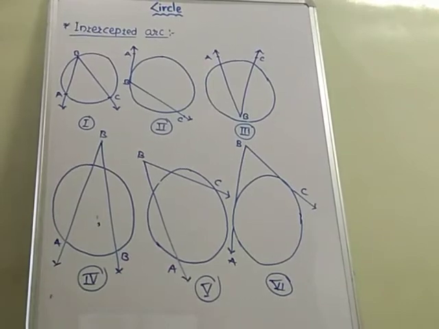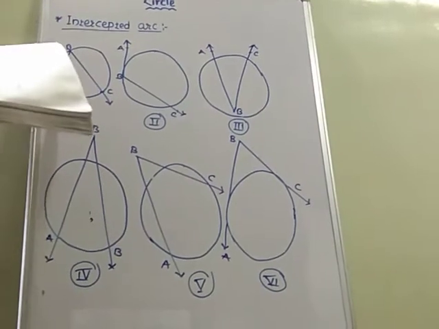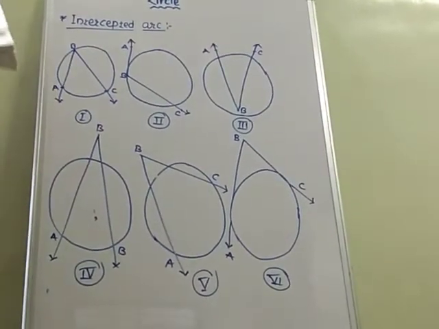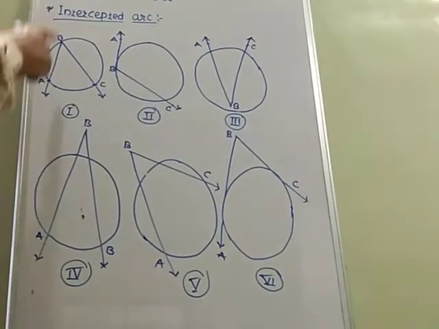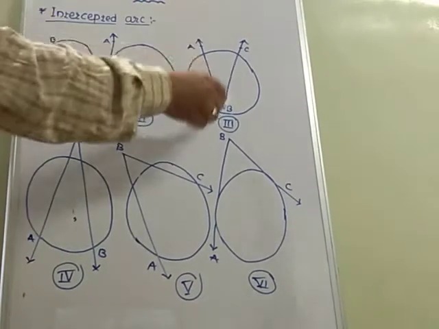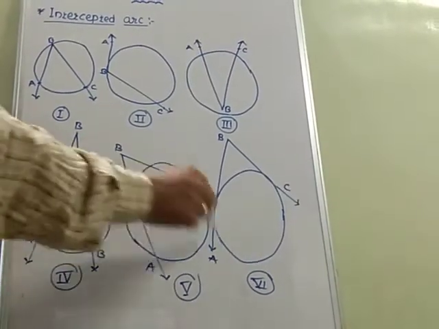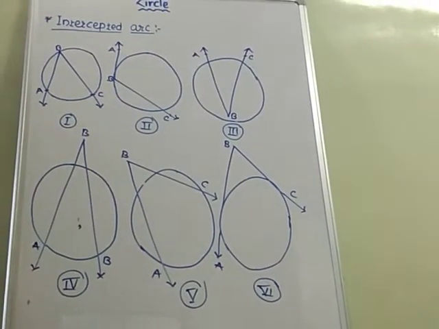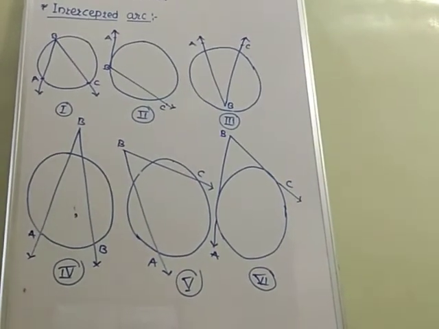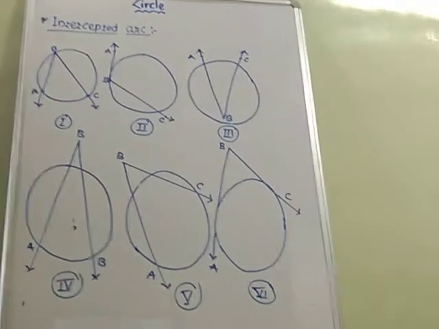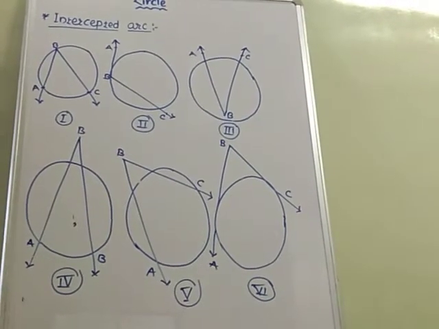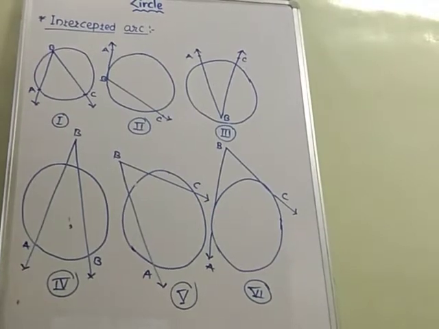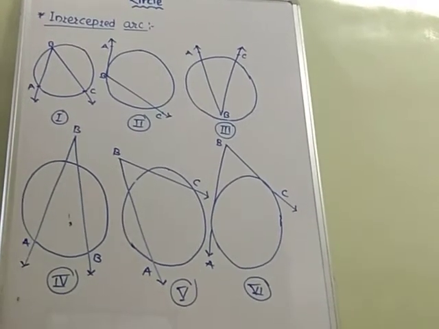That means in each figure, ABC is an angle and the arc is intercepted by angle ABC. The points of intersection of the circle and the angle are the endpoints of that intercepted arc. Each side of the angle contains an endpoint of the arc.